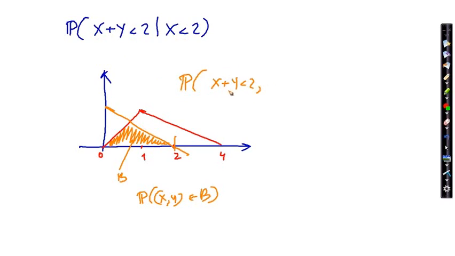You are calculating the probability that x plus y is less than 2 and x is less than 2, not given that x is less than 2. So please, when you are dealing with conditional probabilities, first write the definition of the conditional probability, then separately calculate numerator and denominator. Okay, hope this was clear.